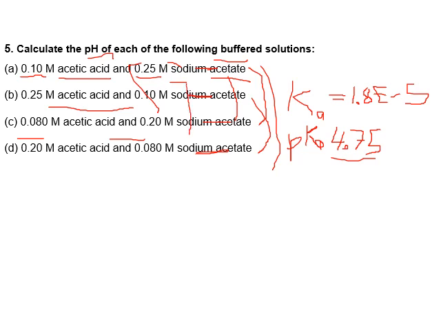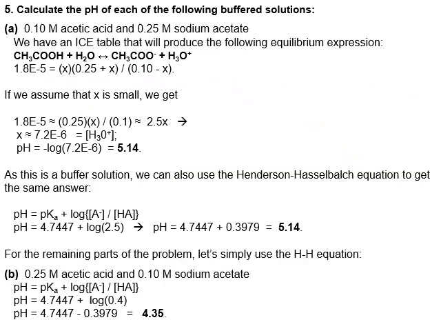Now remember, the log of a number less than 1 is going to be negative. So I'm going to flip to the next slide. Notice for part A here, I did it the long way first, and then I used the HH equation here. So 4.75, and then the log of 2.5 is 0.3979.